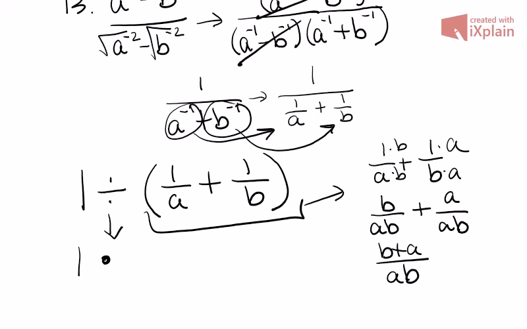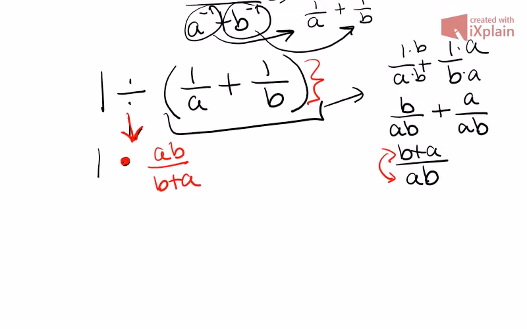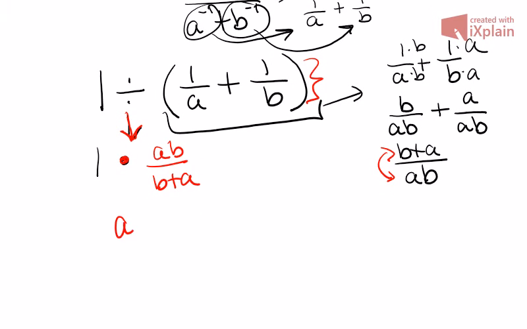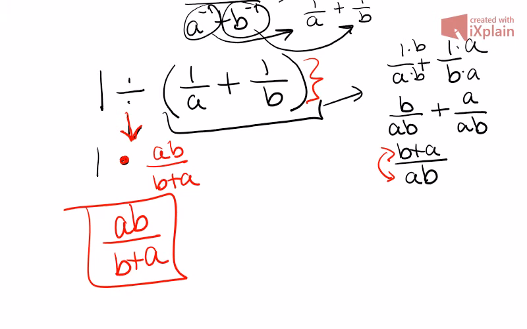Because we changed to times here, remember, whatever this situation was needs to flip. So we're going to flip this guy. So ab over b plus a. Well, anything times 1 is itself. So ab over b plus a.